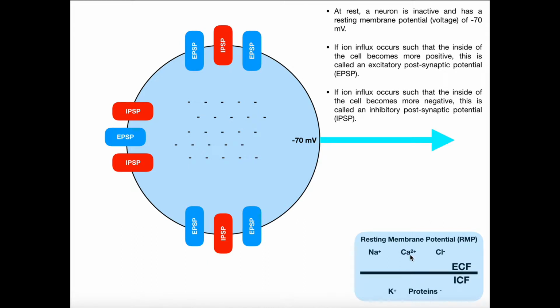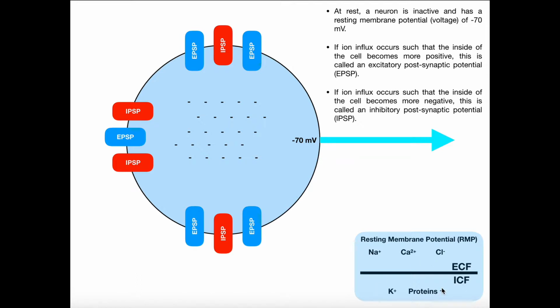Now, it's important to understand that if we have the right ion channels, any one of these ions, sodium, calcium, chloride, and potassium, can move across the membrane down their concentration gradient. But these proteins are very large, and so they're confined to the inside of the cell. Proteins will never move across the membrane in this fashion. What this causes at rest is a higher positive charge outside the cell and a negative charge inside the cell.